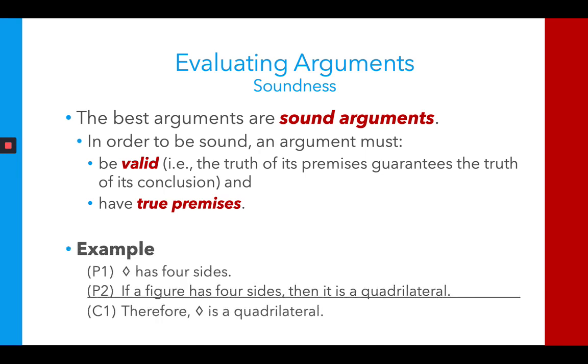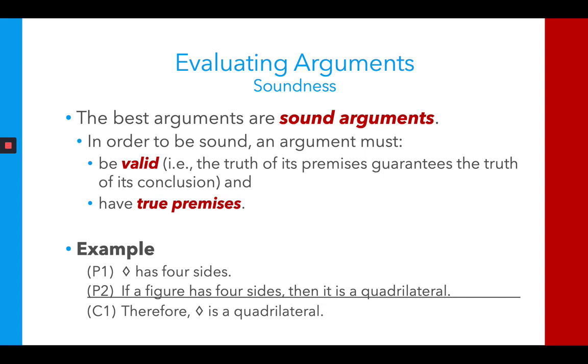If we look back at our example, this argument is a sound argument. In some ways, it's easiest to evaluate the truth of the premises first. The diamond has 4 sides. That's true. Premise 2, if a figure has 4 sides, then it's a quadrilateral. Now maybe I'm being a little vague. If a figure has exactly 4 sides, then it's a quadrilateral.